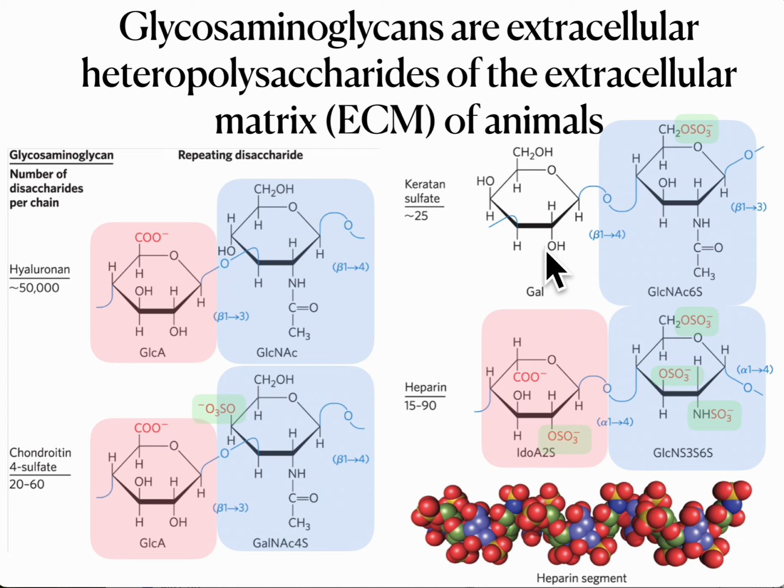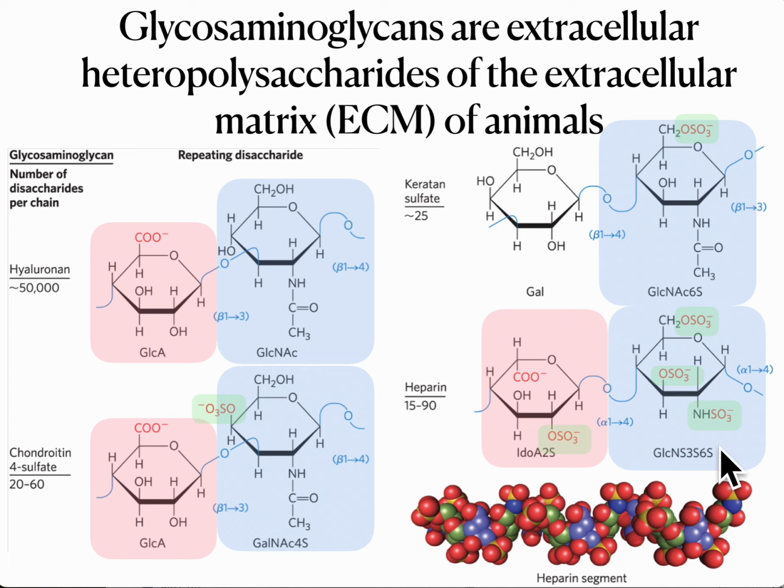And many have sulfate groups in green, as we can see here, except hyaluronan. Because the sulfate groups and carboxylate groups are all negatively charged, the glycosaminoglycans form an extended rod-like helix to maximize the separation of these negative groups and thus minimize repulsion.